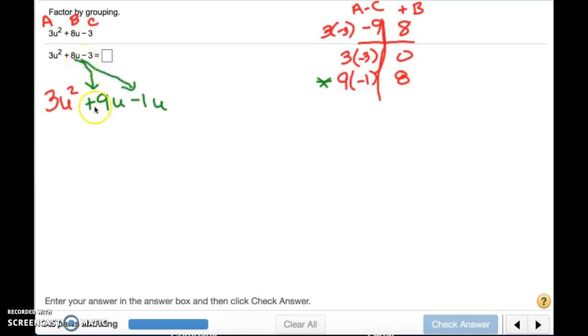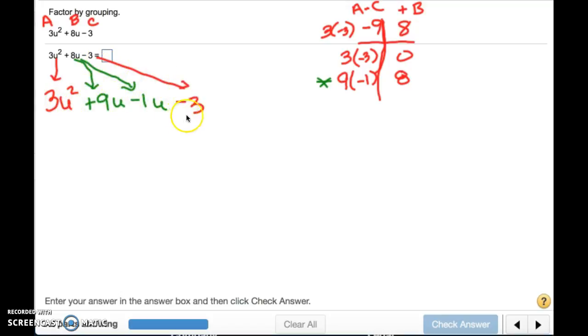And if you think about it, 9u minus 1u gives me the 8u. This is where I came up with those numbers and the signs, because the 9 was positive, the 1 was negative. And then I'm going to bring down this minus 3 from up above. So that comes straight down, this comes straight down, and this middle term is the one that gets broken up.